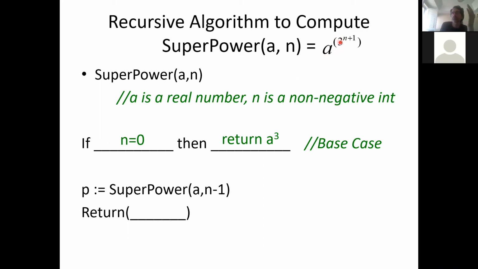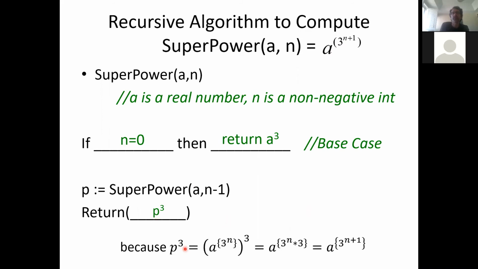Okay, so if p, this recursive call, returns correct, which I argued is a to the nth power of 3, then if I cube this result, what happens with the exponents is that 3 to the n is now multiplied by 3. In other words, I get this. And now I can see that this is 3 to the n plus first, which is what it should be.